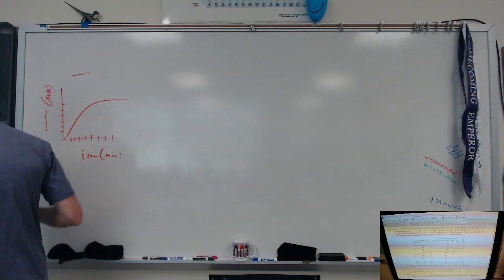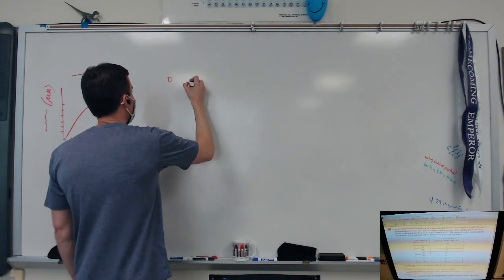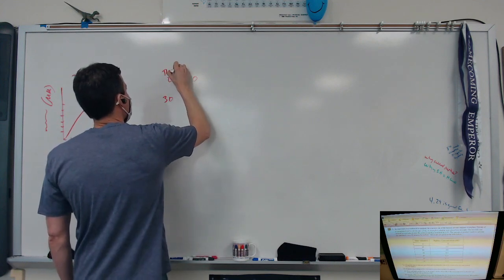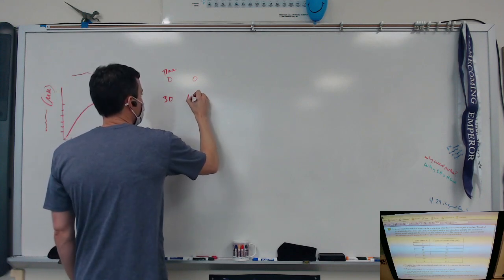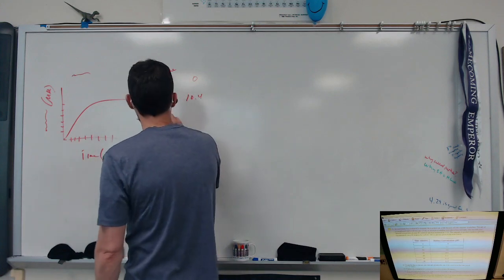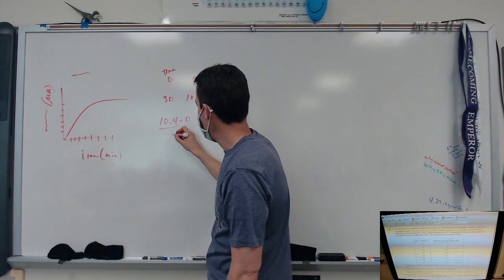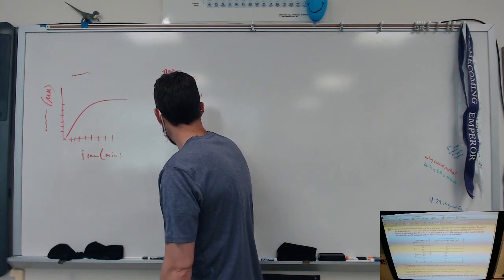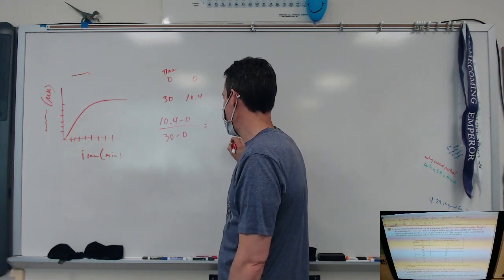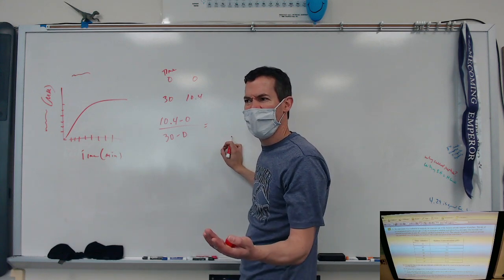So it says at time 0, I had a concentration of 0. That makes sense. At time 30 minutes, I had a concentration of 10.4. So change in y over change in x: 10.4 minus 0 over 30 minus 0. And so that's going to give me about a third. So 30 something percent. What's it come out to be? 30.